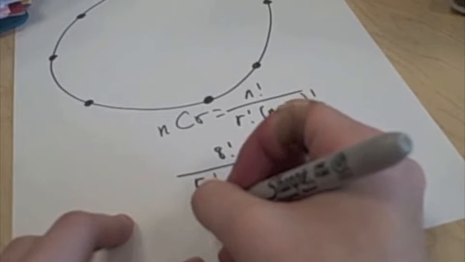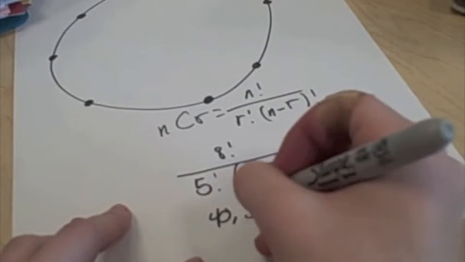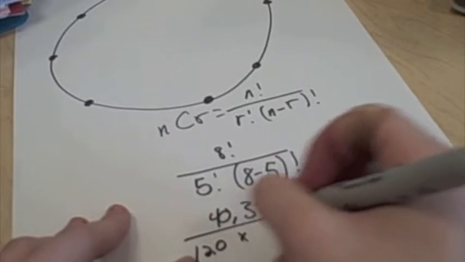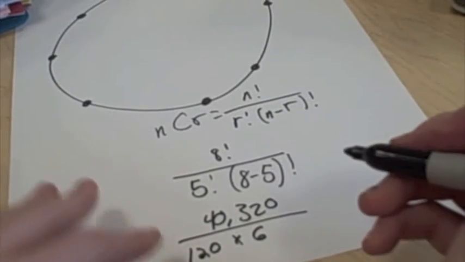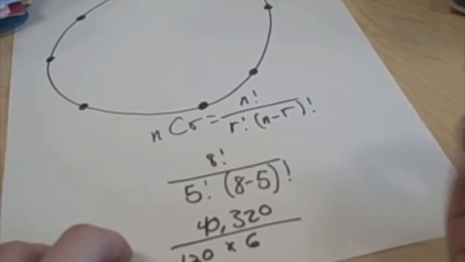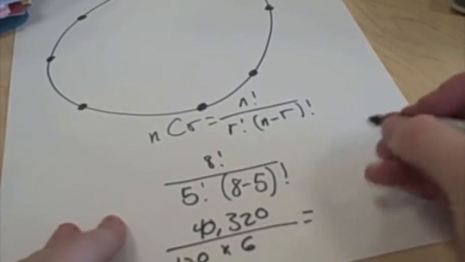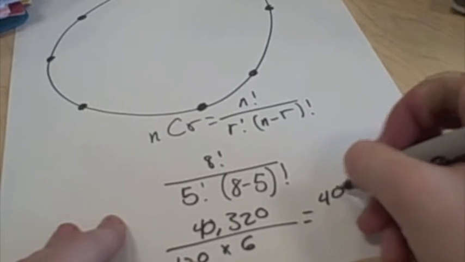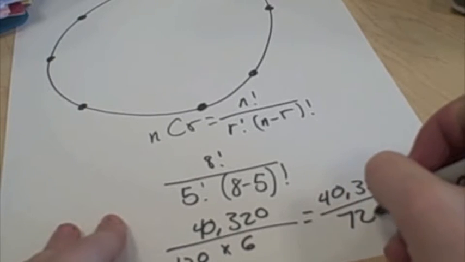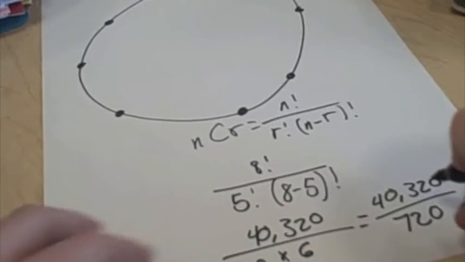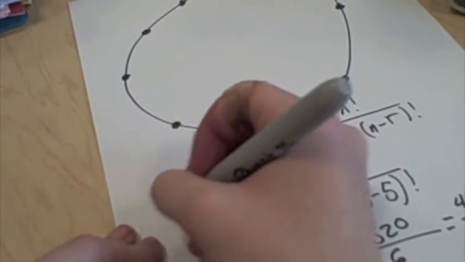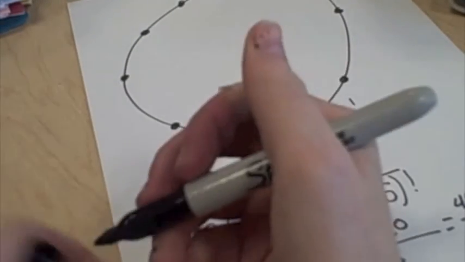So that will lead us to 40,320 over 120 times 6, because 8 minus 5 is 3 and then 3 factorial is 6. So that'll go to 40,320 over, again, 720. See how I noticed that pattern? If you divide them correctly, it'll leave us with 56.